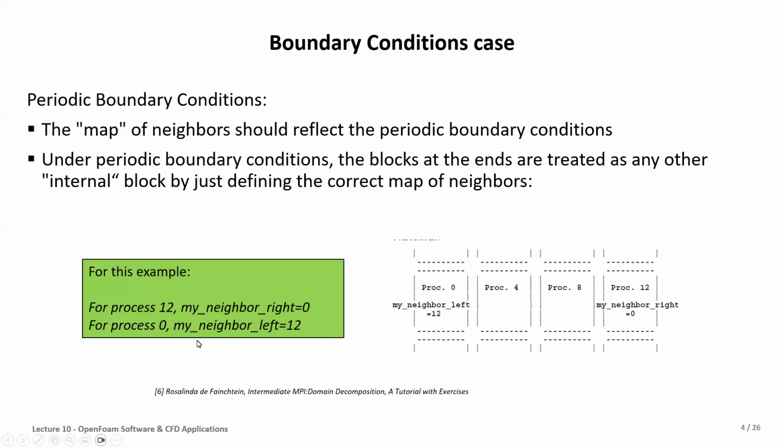And for processor 0, the left neighbor is 12. With this setup, we are using the periodic boundary condition. And in this regard, it helps to keep the physical boundary of the domain and get the right solution for the problem.